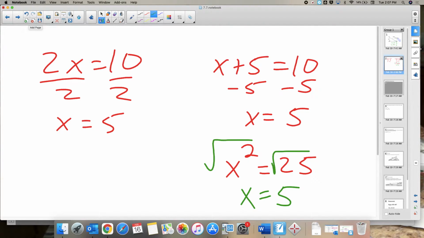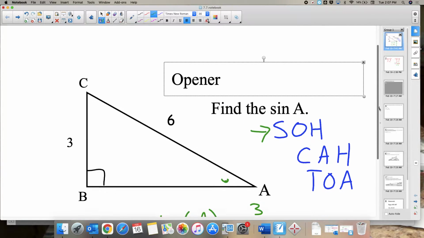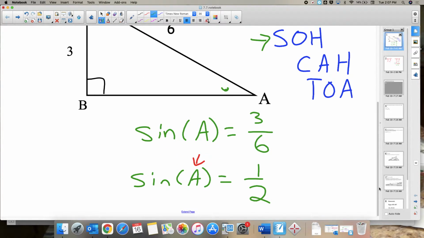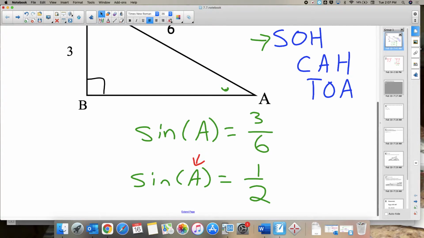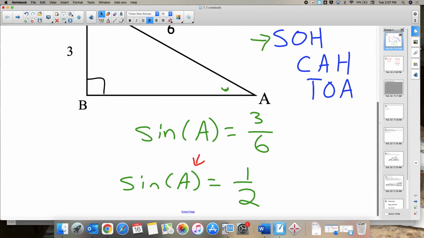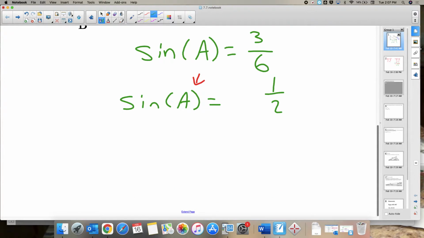Sine, cosine, and tangent are no different. They have an inverse function also. So to solve this equation, we're going to take what they call the sine inverse of each side. The sine inverse is just a sine with a little -1 on it, sine -1.